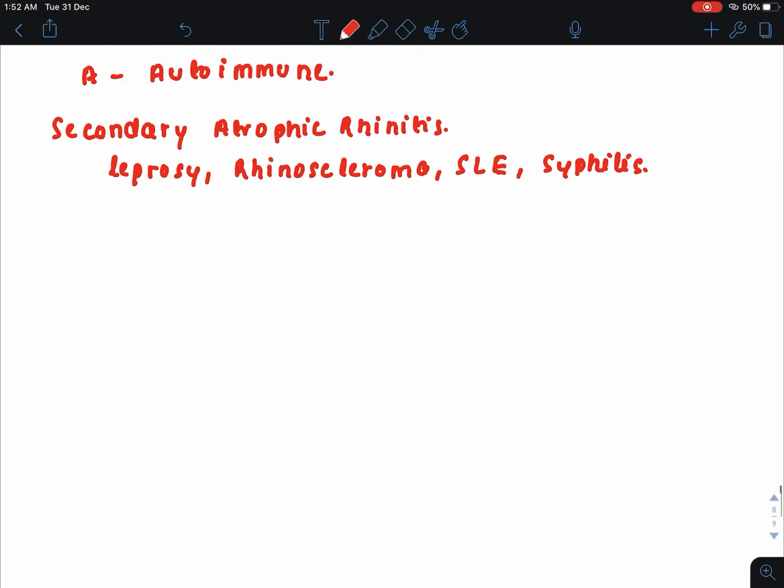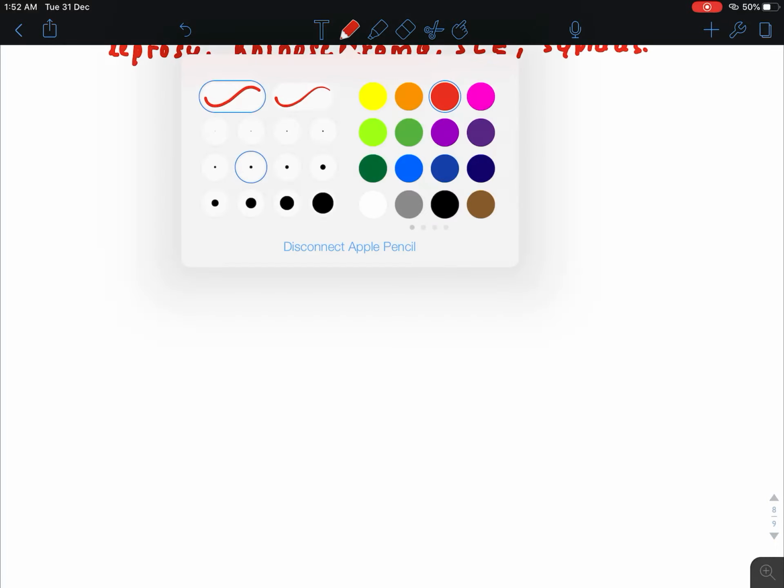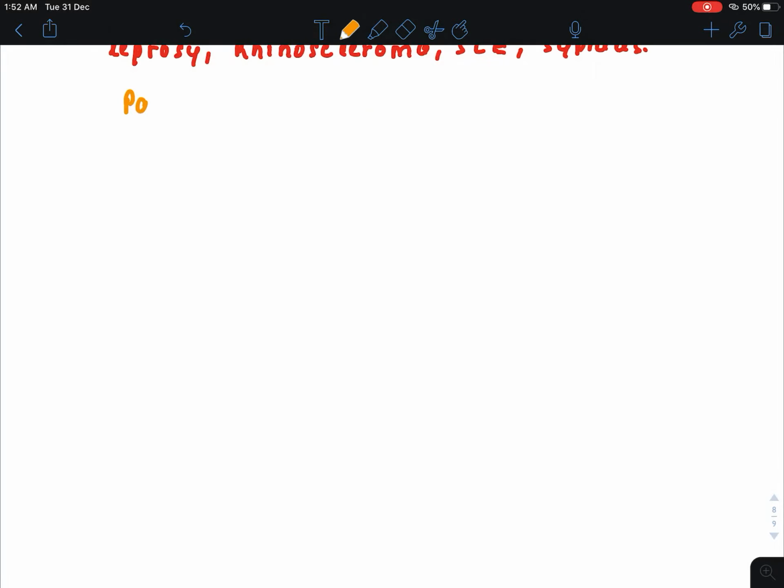So now what is the pathology behind primary or secondary atrophic rhinitis? Everything in the nose gets atrophied, meaning it looks like the nose has become roomy.